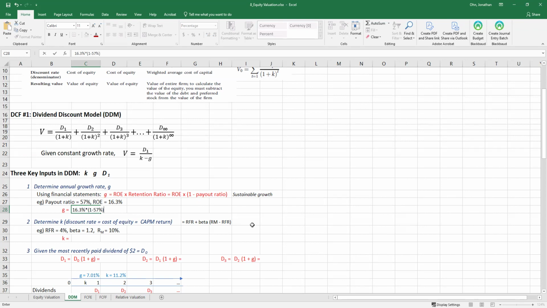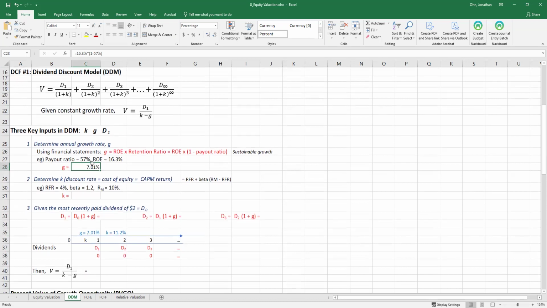So this is how you calculate your growth rate, sustainable growth. Let me calculate this one, right? We got 7.01% growth rate. So we calculate growth rate, right?